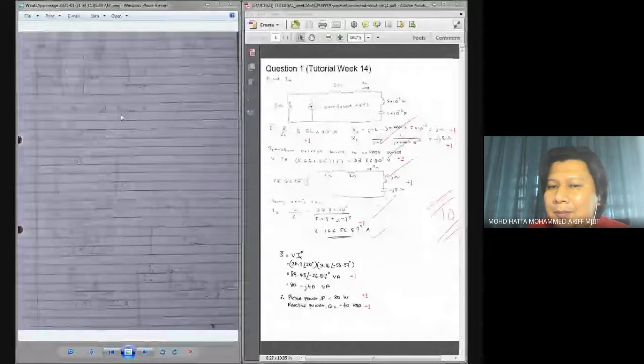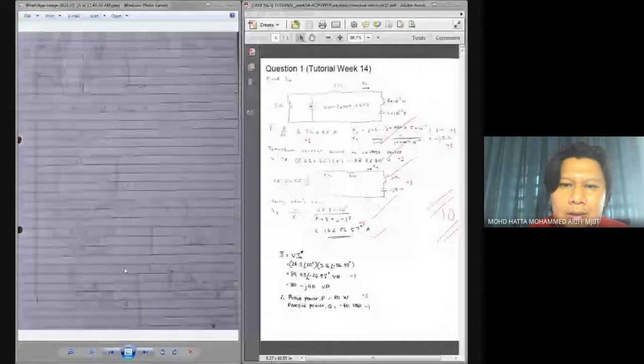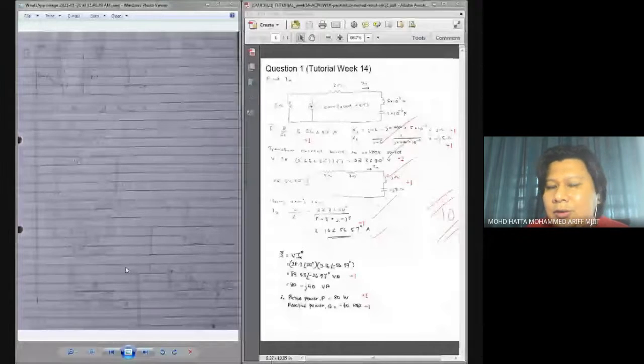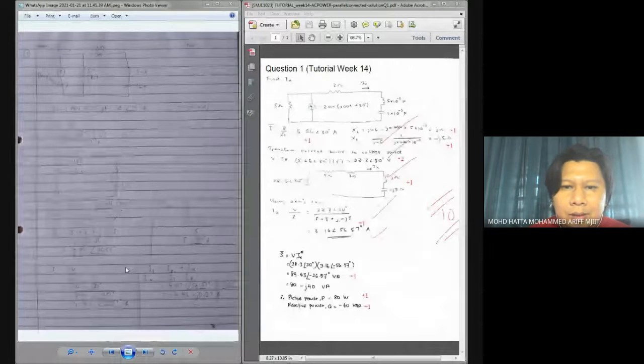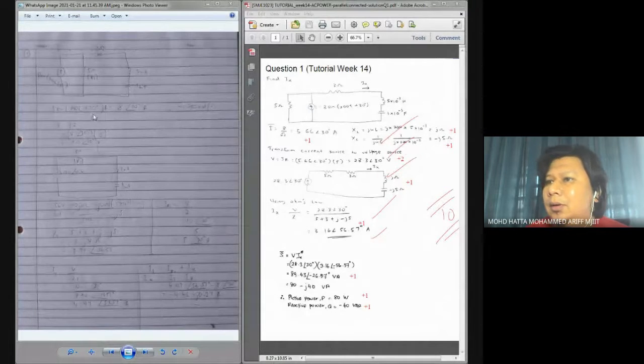However, for the second part, for the power calculation, you need the RMS information, RMS current, RMS voltage, and so on. So that's why it's very important that you convert it in the beginning. So that in general, for the first part, it's okay. For the second part, later on, I will deduct some mark if you finish that part lah.